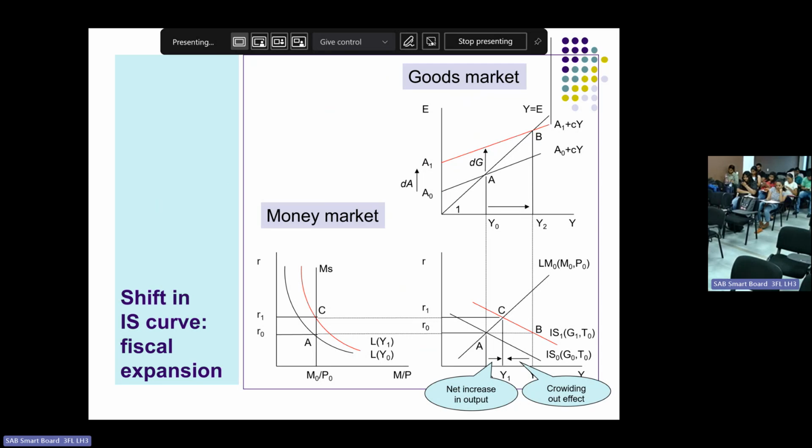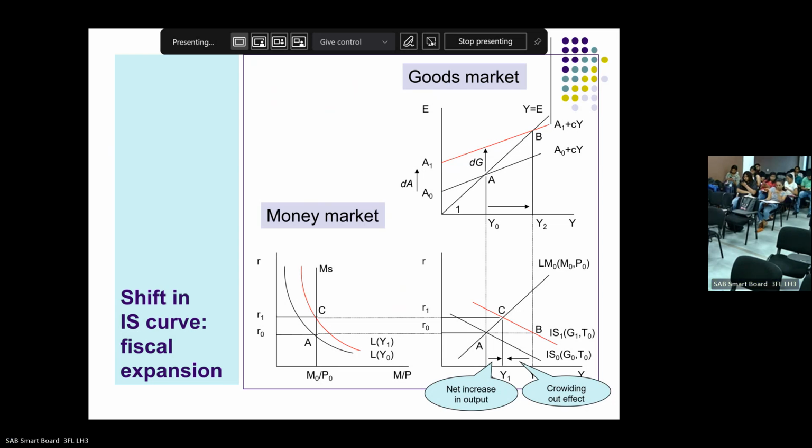Going to this diagram, you see when there is a rise in the government expenditure from G0 to G1, that shifts the IS curve to the right, right? So if there is no change in the interest rate, the interest rate remains at the R0 level, so that will raise the national income above the Y1 level.